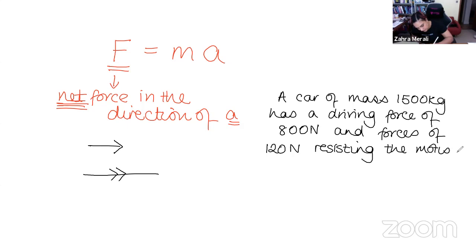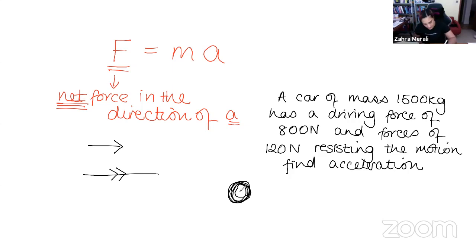And you have to find the acceleration. So step one, draw yourself a little diagram. Even if it's wrong, you'll get marks for the diagram. So you've got your mass here. So I've got my particle here.